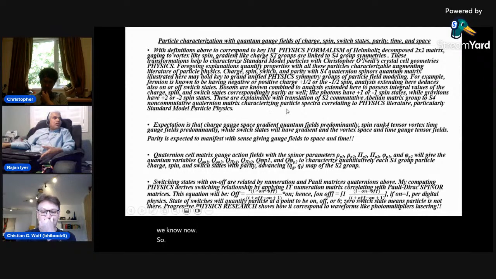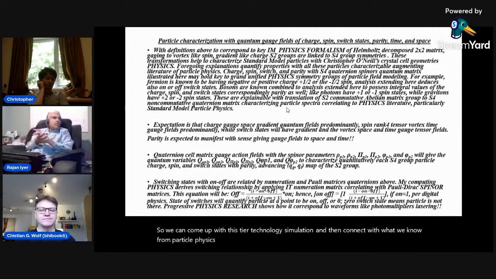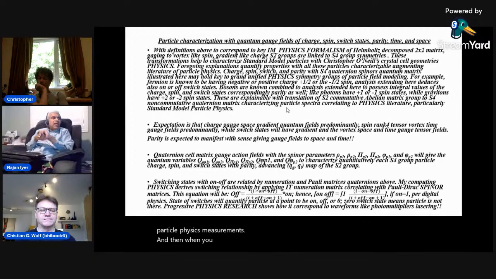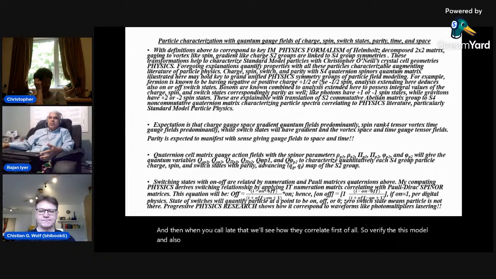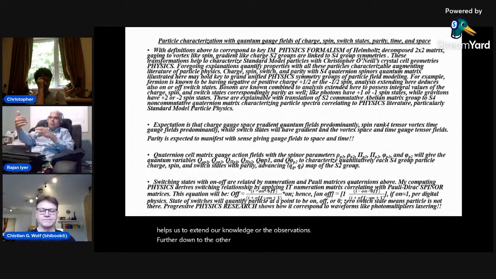So we can come up with this theoretical simulation and then connect it with what we know from particle physics measurements. When we correlate that, we'll see how they correlate, and verify this model. Then we can extend our knowledge of the observations to other property characteristics.